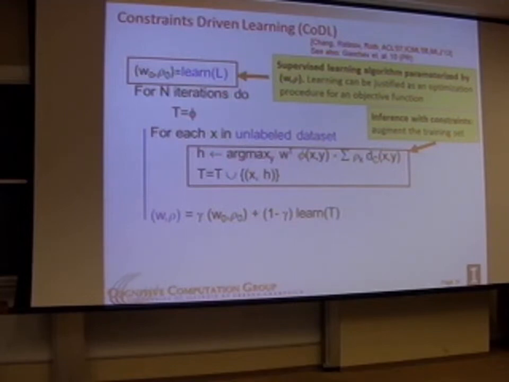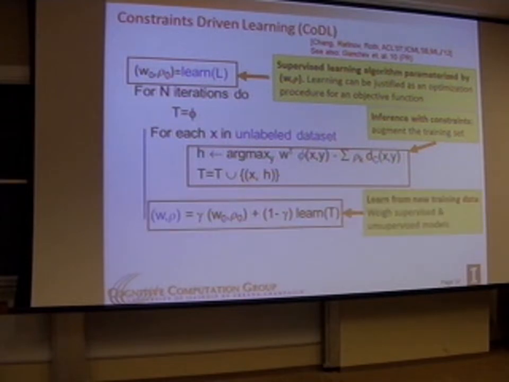At every point in time, I'm going to do inference, and I'm going to use my learned model along with the constraints. I label the data, I put it back into my training set, and I'm going to keep on training. And of course, I'm also going to incorporate it into my model slowly. So basically, I'm going to weigh the old model with the new model as I do it.